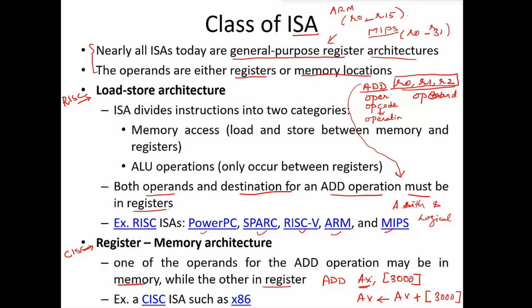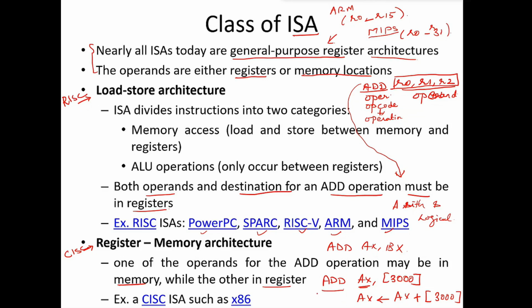So one operand is in a register, the other is in memory. You may have a doubt: should it always be like this? It is not the case. Even here you can have add AX, BX, a register-based one also. Got it? That is also there.